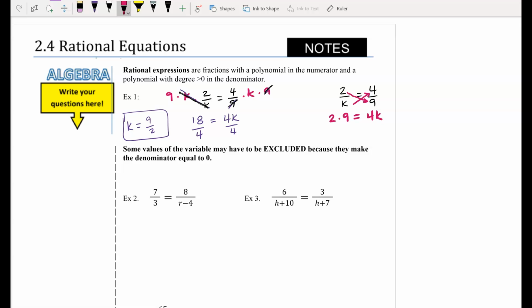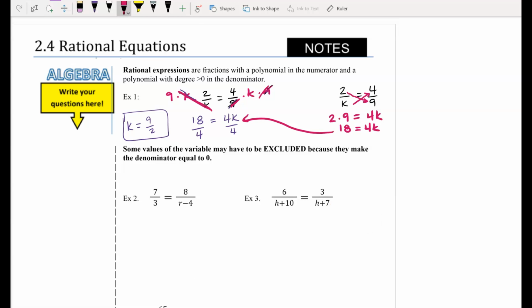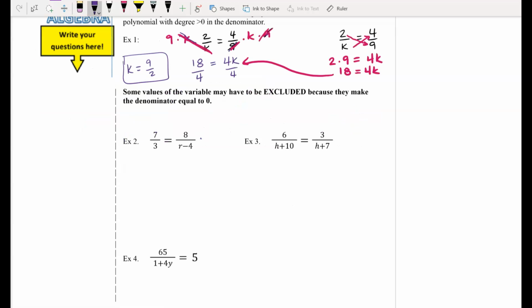So what that does is it saves us from writing this factor of 1 right here and writing this factor of 1 right here. But you see we get the same result. 2 times 9 is 18 is equal to 4 times k. And then our problem looks the same right there, but we haven't had to write down so many steps. Now let's use that process in our next example.